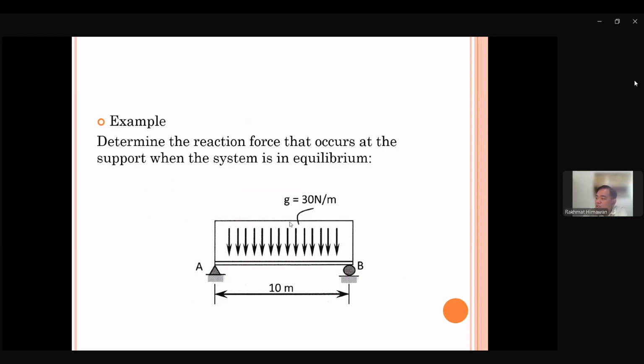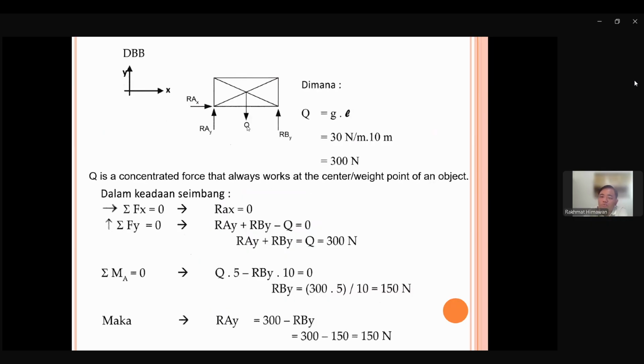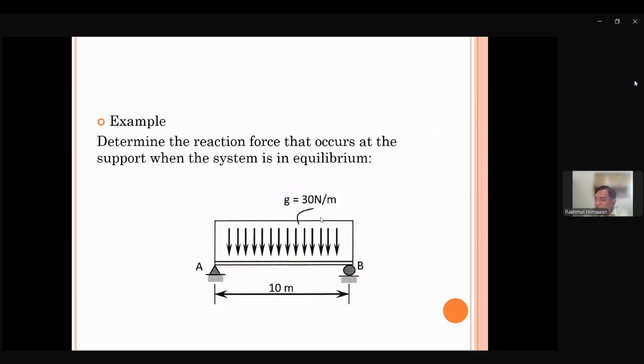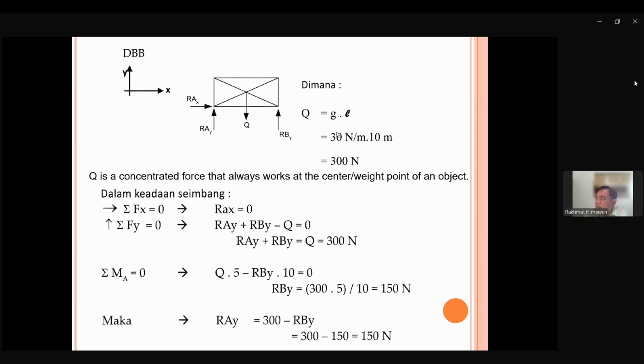All of this we focus into this Q, whose location is exactly in the middle for this shape. Q is g multiplied by L, which is 30 Newton per meter multiplied by the length itself, which is 10 meters. So Q is 300 Newton, but only at this location. So we change all this distributed force into just one force Q at this exact location, exactly in the middle.